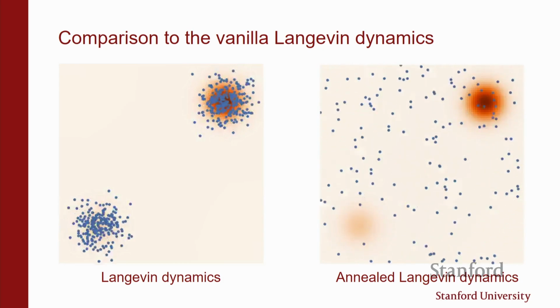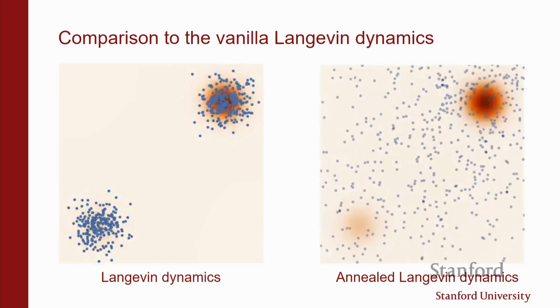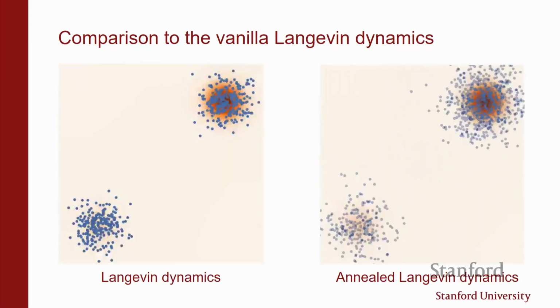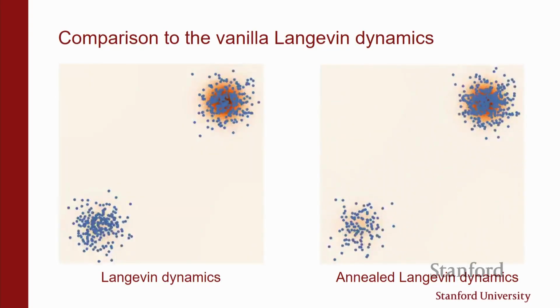If you do annealed Langevin dynamics, where you run multiple Langevin dynamics chains corresponding to different amounts of noise, then it ends up giving you the right distribution, where you see many fewer particles down here, representing the fact that there should be less probability mass down there.